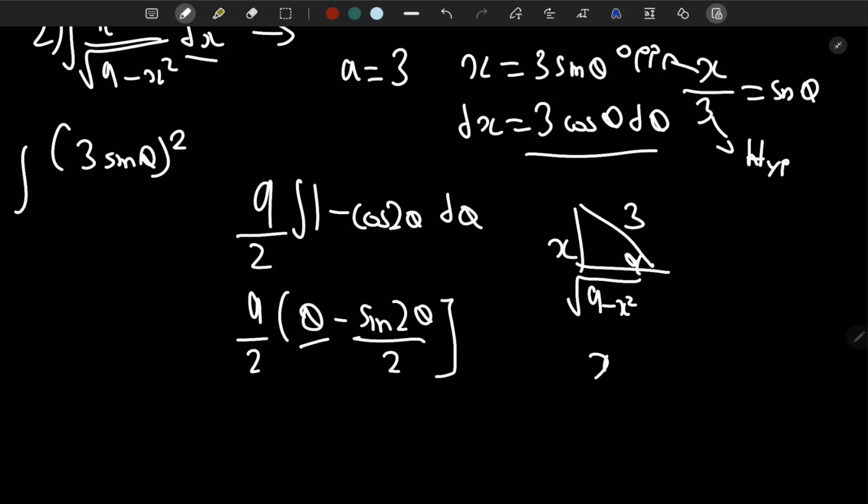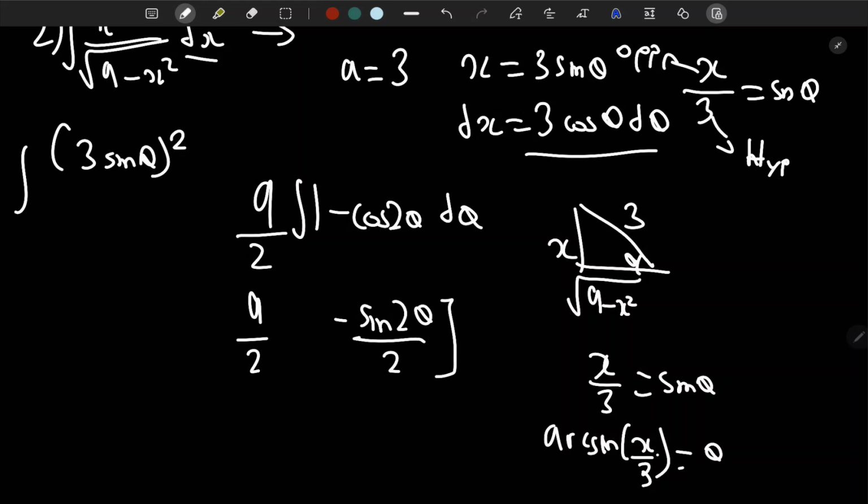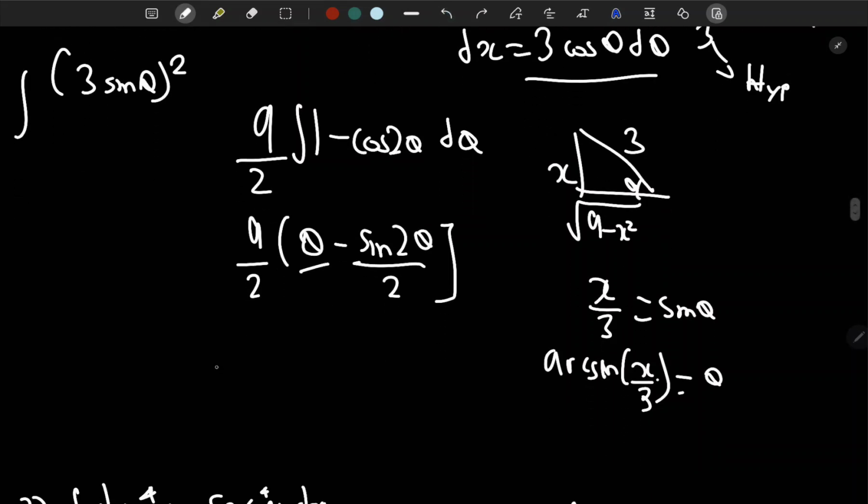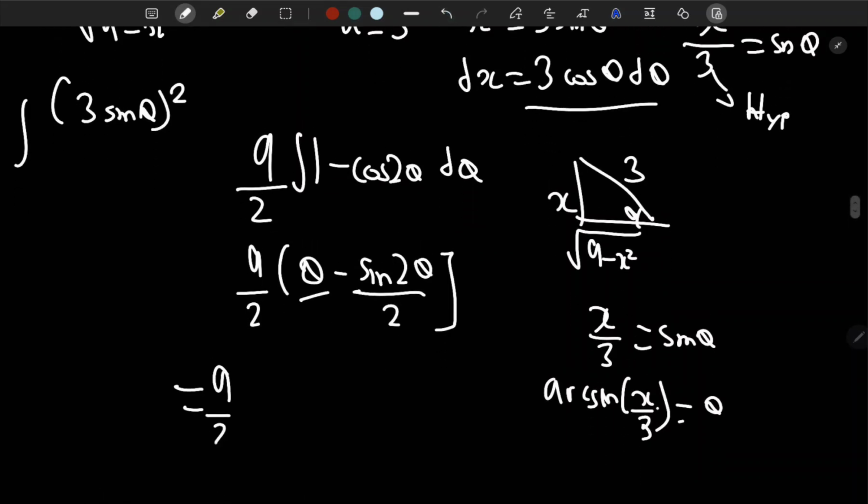We know that x over 3 is equal to sine of delta, so if we want to take sine to the other side to solve for delta, we can do arc sine of x over 3 equals delta. So let me write it again: it is equal to 9 over 2, and this part is arc sine x over 3.